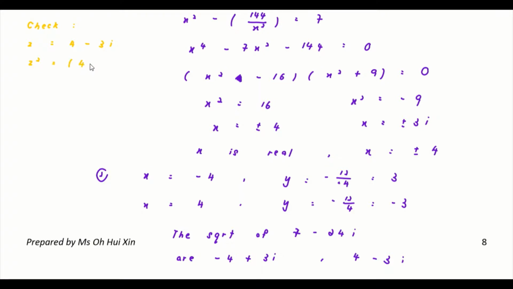So you can just check 4 − 3i squared and see what you get. We have 16, then minus 12i minus 12i, then plus 9i². You can imagine this is going to be −9, so that's why 7 − 24i, so you know that your answer is correct. Same thing you can check for the other, so this is how you check your answer.